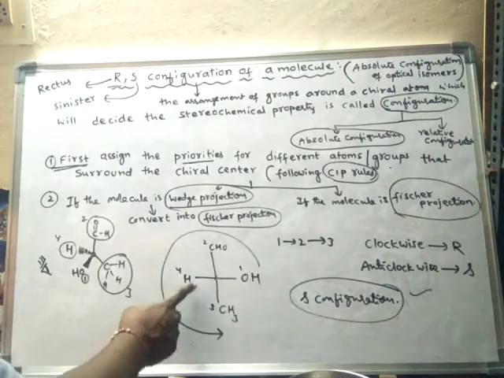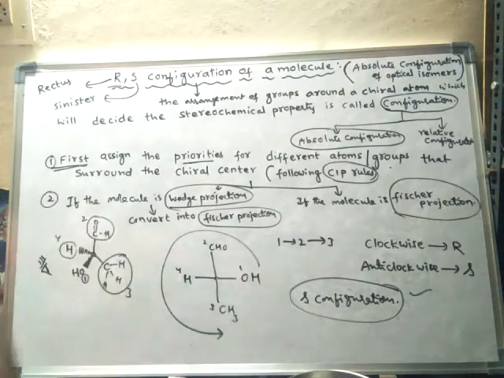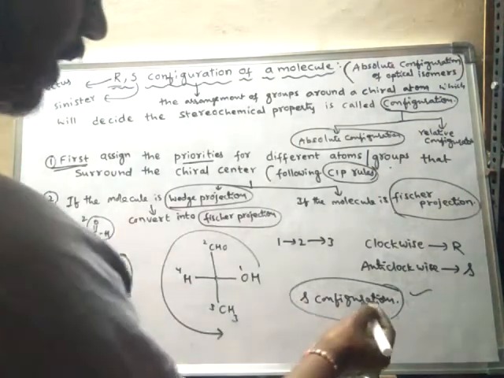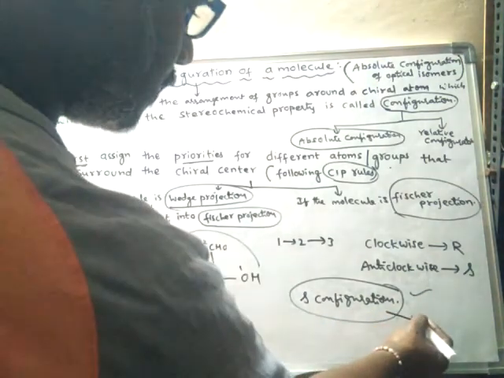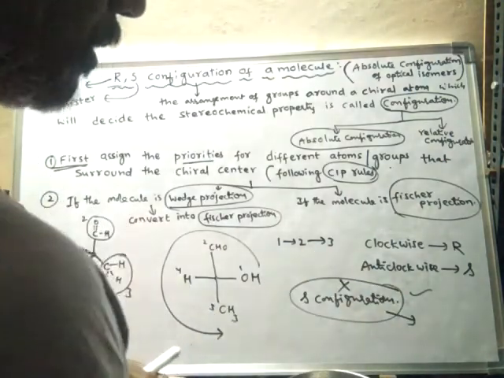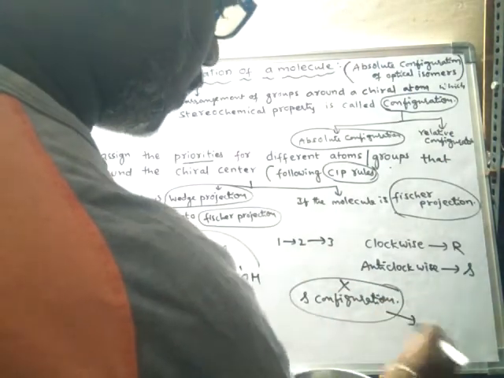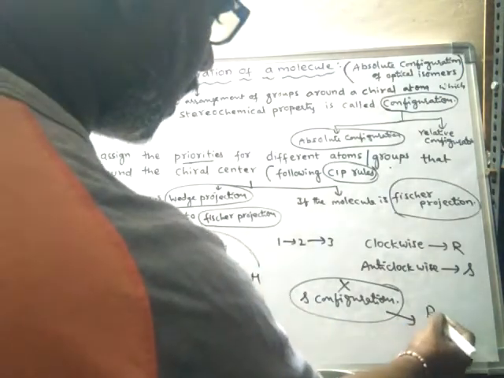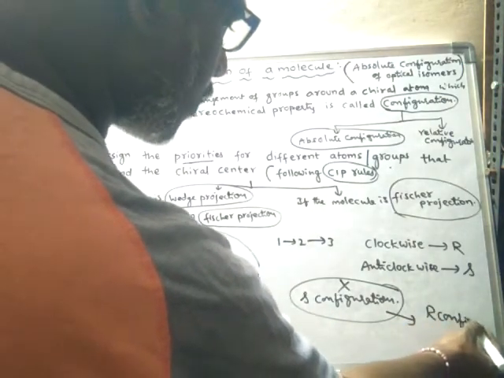See here, this is the lowest priority group and it is arranged horizontally. If the lowest priority group is arranged horizontally, what happens? The S configuration becomes wrong, and its opposite configuration becomes the right configuration. So now this molecule is having R configuration.